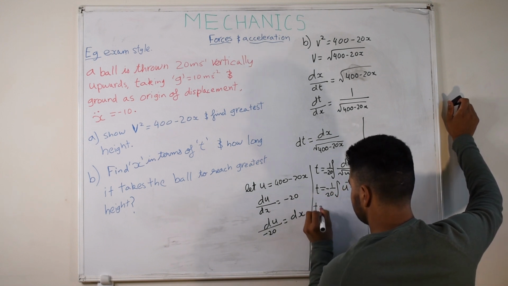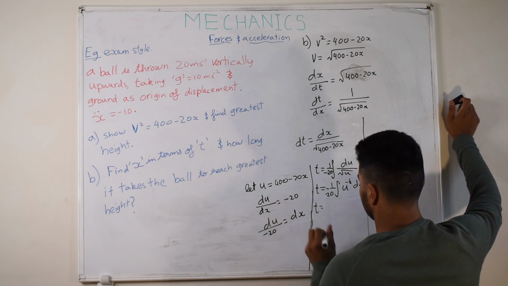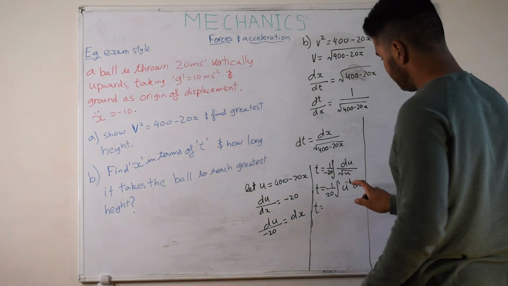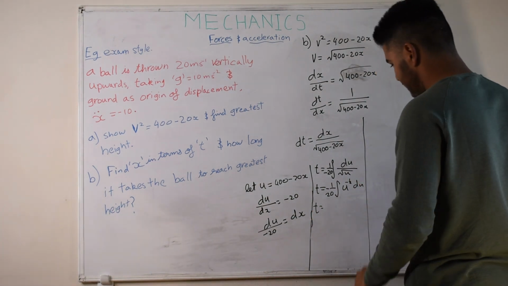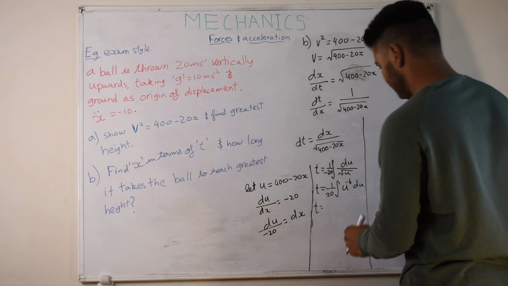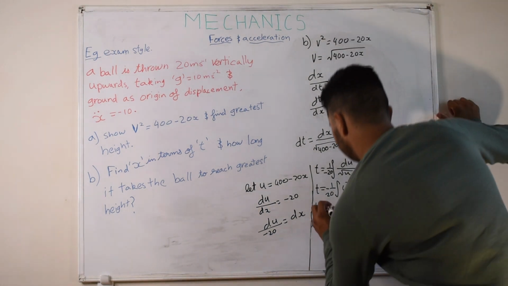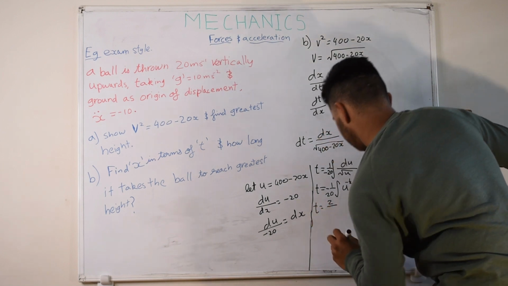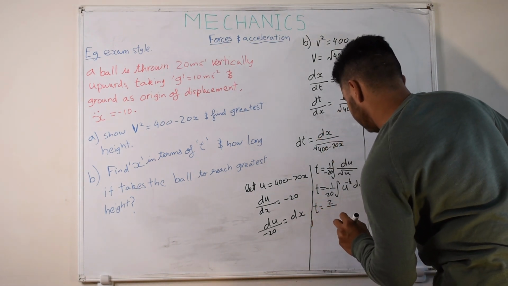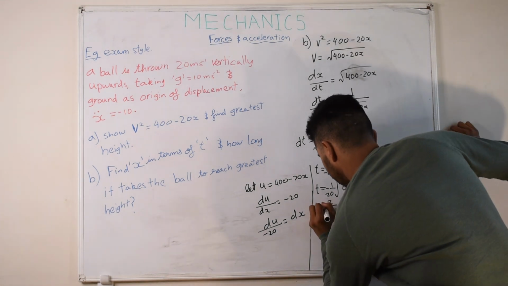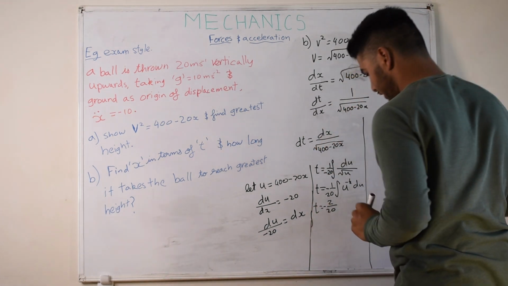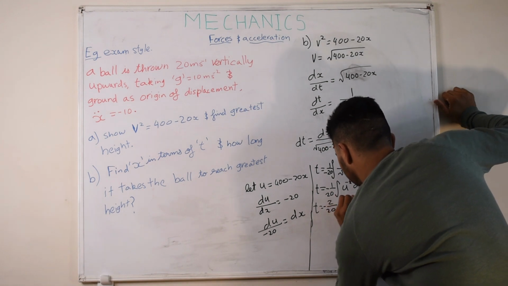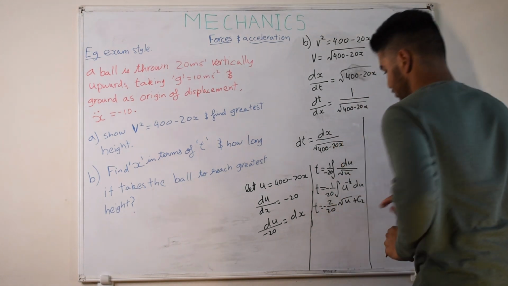So t then equals, add 1 to the power, multiply over here, so we then get 2 upon negative 20, root u plus c2.